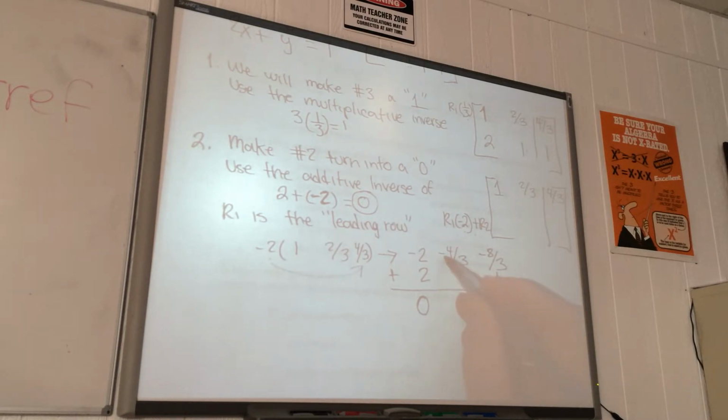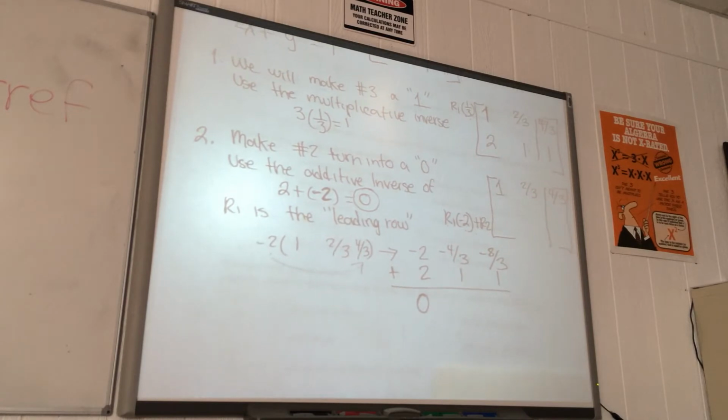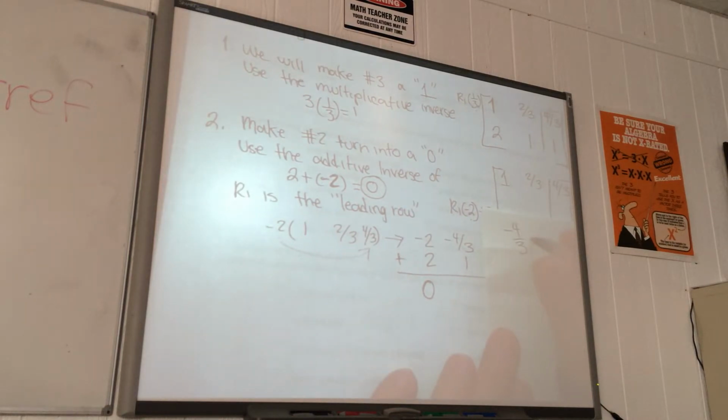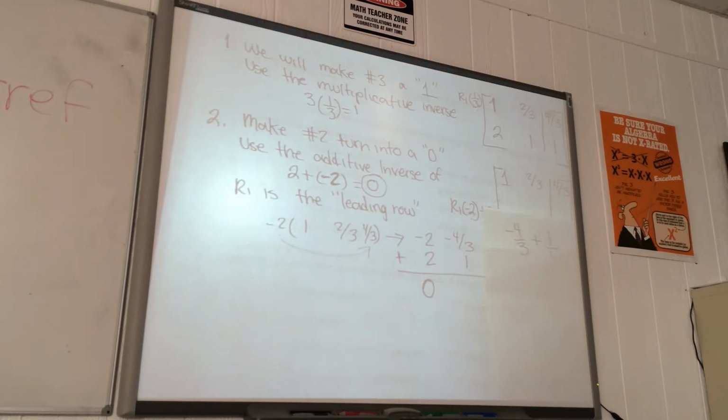Now, what is negative 4/3 plus 1? So let's see. We have negative 4/3. What is the denominator of 1? 1. So what will be the common denominator here? 3.